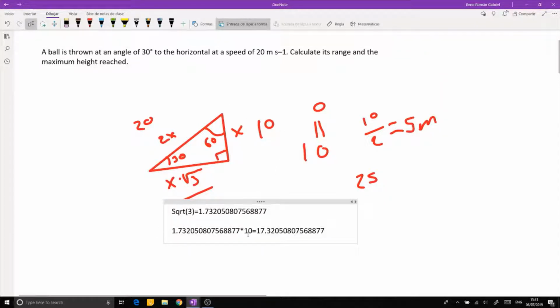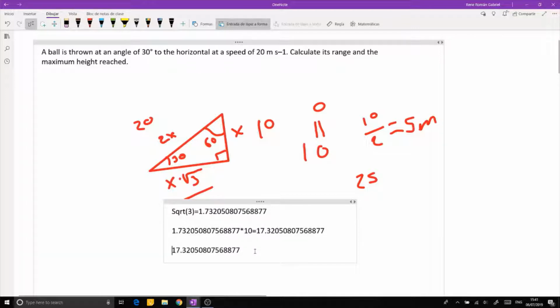So now this would be our horizontal velocity. Since this is speed, we just have to multiply it times time to give us distance. So we multiply times 2, which we just said was time. And that would give us 34 meters. 34 meters.